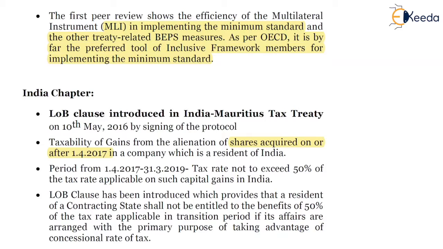The term used for such investments which are acquired before 1st April 2017 is grandfathered. Grandfathered meaning if acquisition was made before 1st of April 2017, then the benefit of India-Mauritius Treaty of nil taxation rate will continue to apply, and the provisions are called grandfathered.